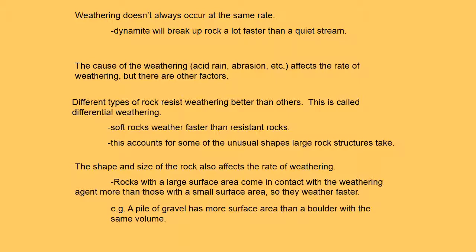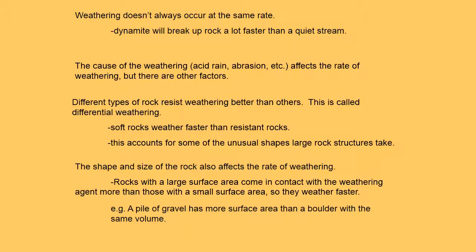Are we dealing with acid rain, abrasion, a person digging in the backyard, etc.? The second is the type of rock being weathered. Some types of rock are softer and more vulnerable to weathering than others. This is called differential weathering, and it accounts for the unusual shapes some large rocks, megaliths, naturally assume. The softer parts of the rock weather down, leaving the harder rock behind.